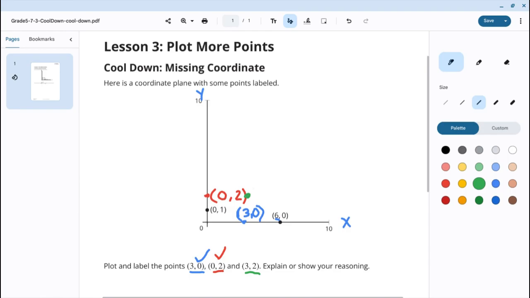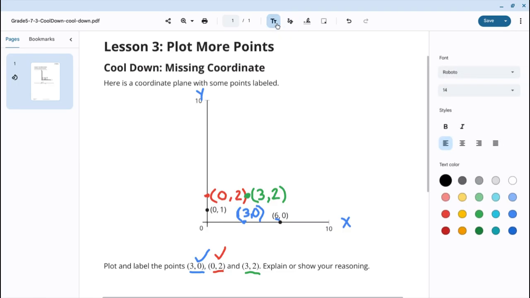Right here is where that green point is going to be, because notice I went over 3 like I went over on the blue, but I went up 2 like I went up on the red. So now, boys and girls, I have labeled all of those points.